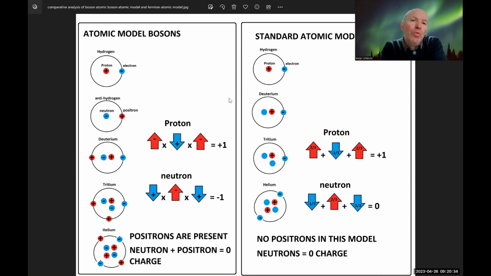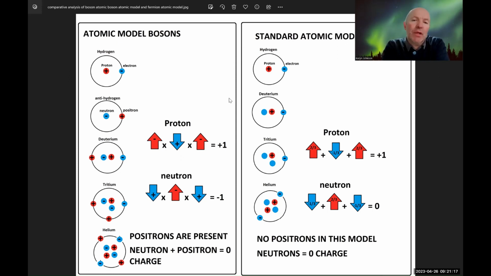Whereas in the new atomic model for boson statistics, the neutron and positron combination that gives the zero charge means that the alpha particle emission, or the helium nucleus, has no charge. So the thinking that comes from this model is different from the thinking that arises from the standard model, and we have to really start again from a new perspective in order to understand alpha particle emission from the He-BEC isotropic singularity.